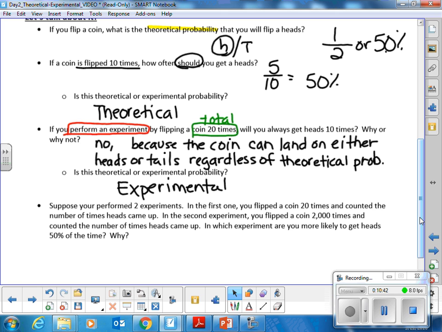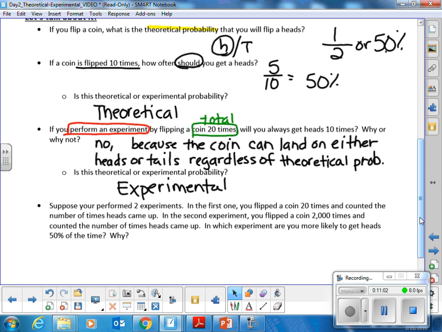Now, this says, suppose you performed 2 experiments. In the first one, you flipped a coin 20 times and counted the number of times heads came up. And in the second experiment, you flipped a coin 2,000 times and counted the number of times the heads came up. In which experiment are you more likely to get heads 50% of the time?